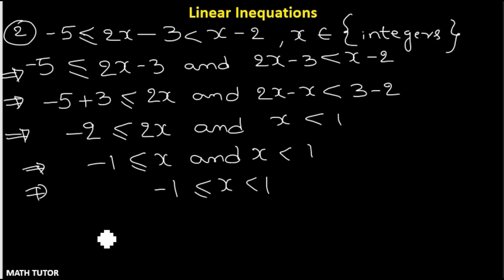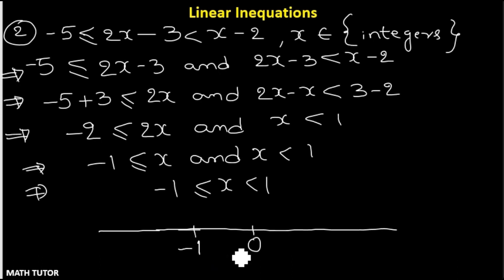Now you have to tell me how we are going to represent this graphically on the number line. So here we have 0, here we have minus 1 and 1, minus 2 and 2. x is greater than or equal to minus 1, so minus 1 will be there.